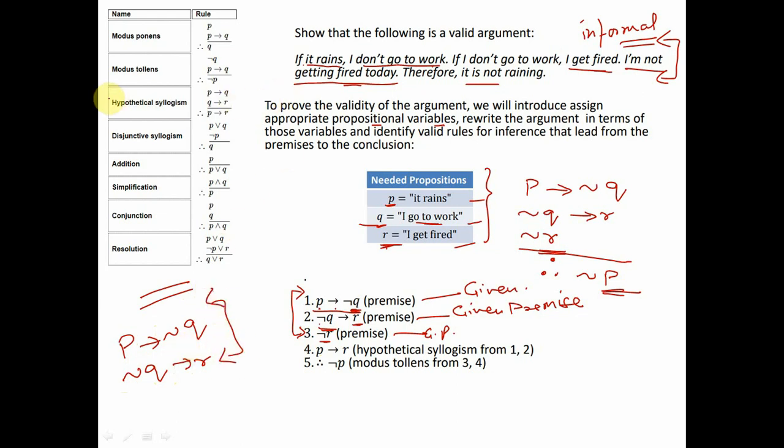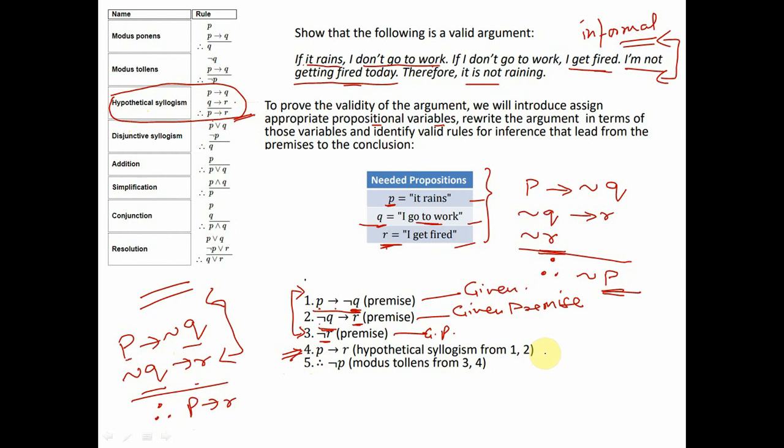Hypothetical syllogism says if P implies Q and Q implies R, transitively P implies R. So I can say P implies negation Q implies R. So therefore P implies R.